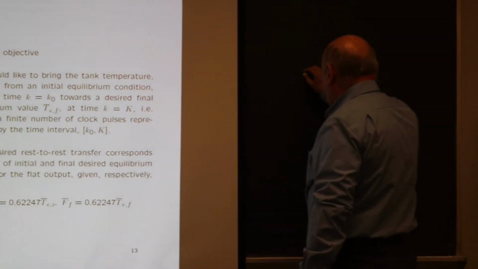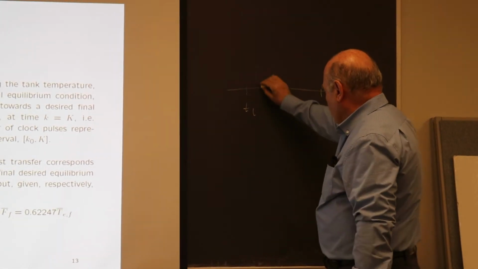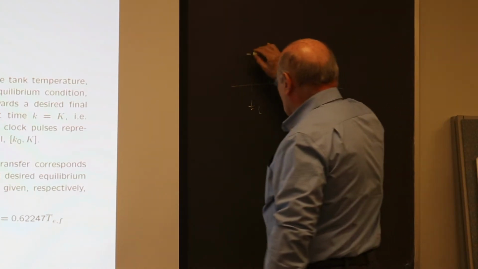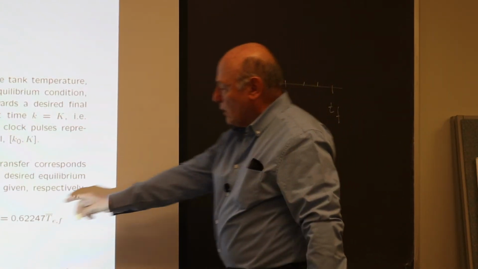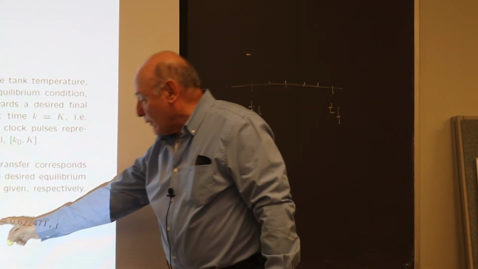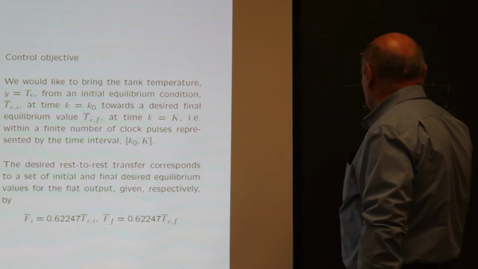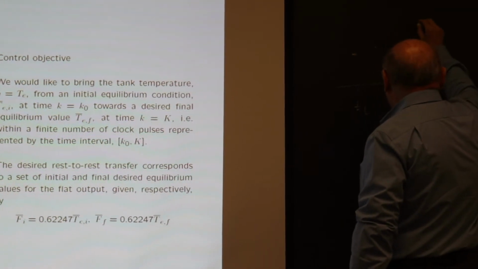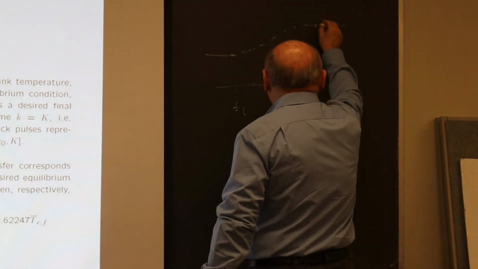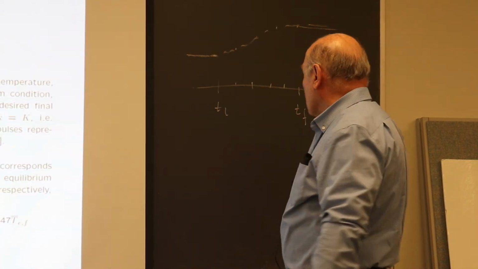So at time, let's say at time ti, you have this, and at time tf, which in a discrete fashion is an integer number of samples, you have an initial value of the flat output, which is motivated by your desired initial value of the output temperature, and a final value of the flat output in steady state, which is motivated by a desired final temperature of the output, and you place a trajectory that will do a smooth transition between an initial value and a final value. Or you can have any trajectory you deem necessary to produce.